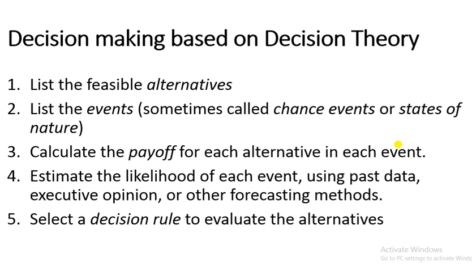Moreover, he is talking about that, for example, if you are considering three alternatives and there are four events, then in that scenario there would be 12 payoffs in total.